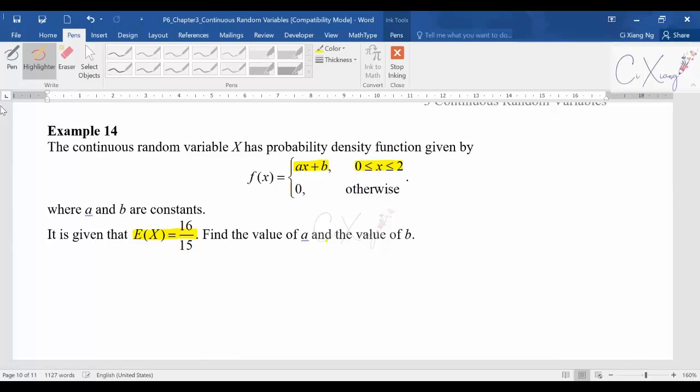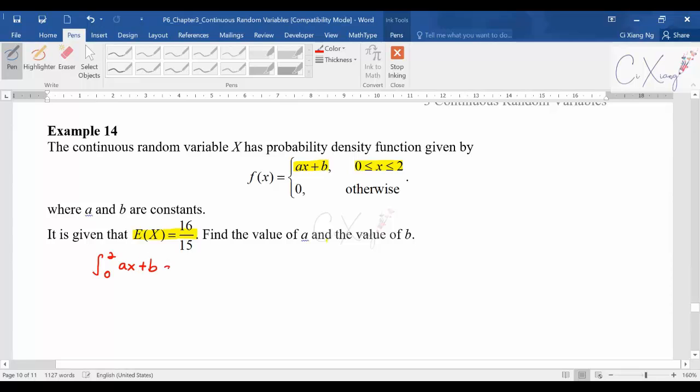Okay, so now this question is not hard as well. First, you use the concept that we learned in the very first lesson about the continuous random variable. That means when you integrate from 0 until 2 for the function, you let it equal 1. When you want to find the constant from the equation, you always use this concept.